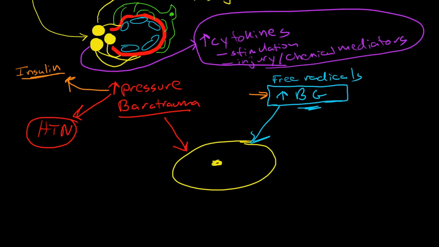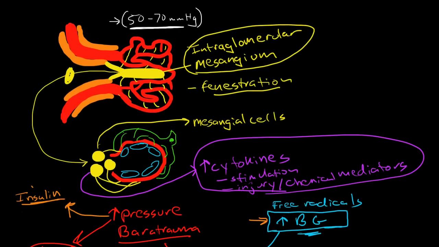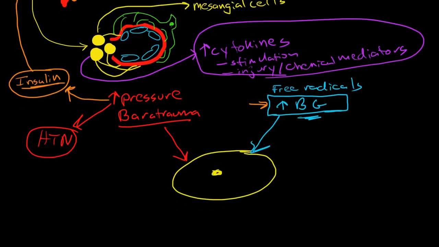But suffice it to say that even if a diabetic has normal systemic pressure, they oftentimes will have hypertension in the glomerulus because many of these mediators, like insulin, some other hormones, and some cytokines, angiotensin being one of the central ones, cause vasoconstriction of the efferent arterioles, and that raises intraglomerular pressure. Okay, so this is increased intraglomerular pressure.